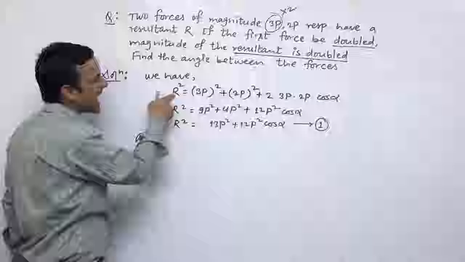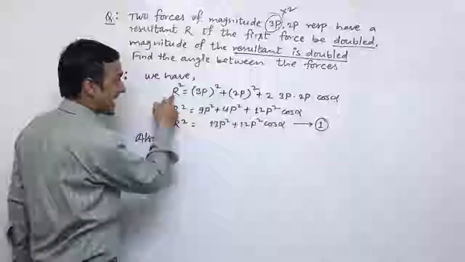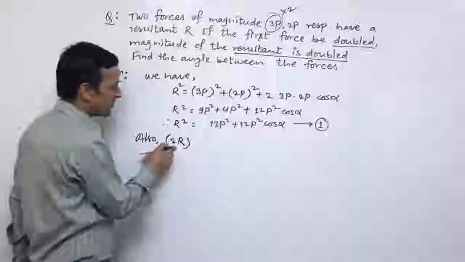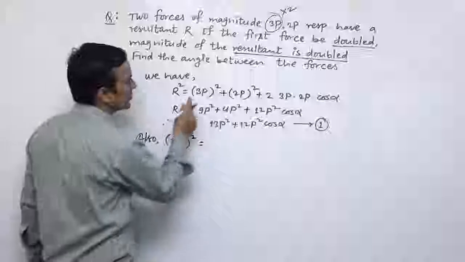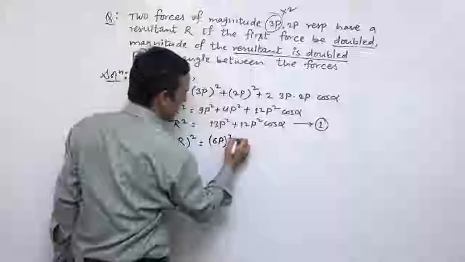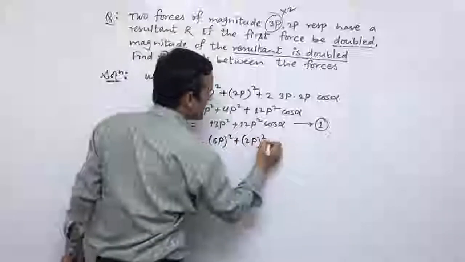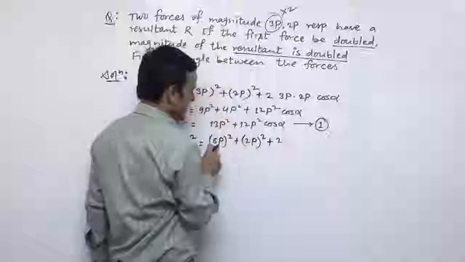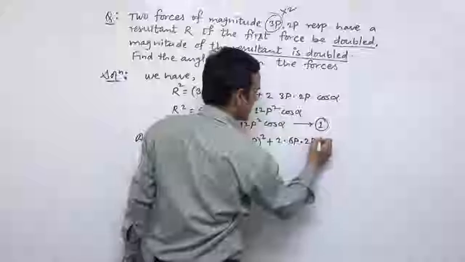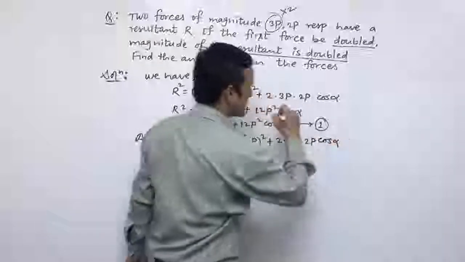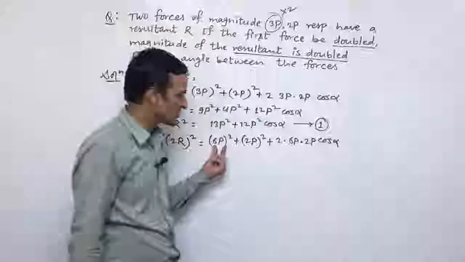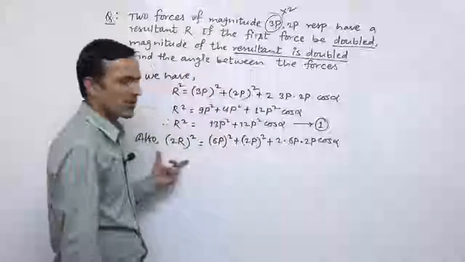Earlier the resultant was R, so it will be doubled by multiplying, so it will be 2R. Now we have 2R. Earlier it was R, now it will be 2R. 2R whole square is equal to 3p. Now 3p into 2, we have to write 6p. 6p square and the other force is the same, 2p square, and 2 times P, which is now 6p, then the other is 2p, and cos alpha. It becomes like this. According to our formula, if we change the first force, we can find this value.